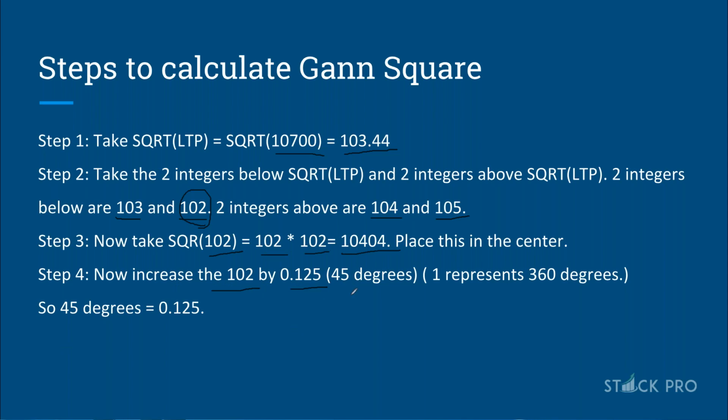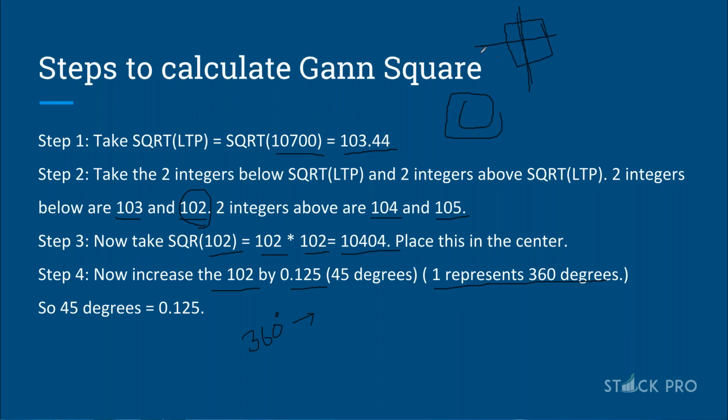You need to read through and figure out what Gann said about the 360-degree rotation. What I mean here is, if a stock goes through one full 360-degree rotation, how much does the number change by? So if I start from here and go like this, it is 360 degrees.